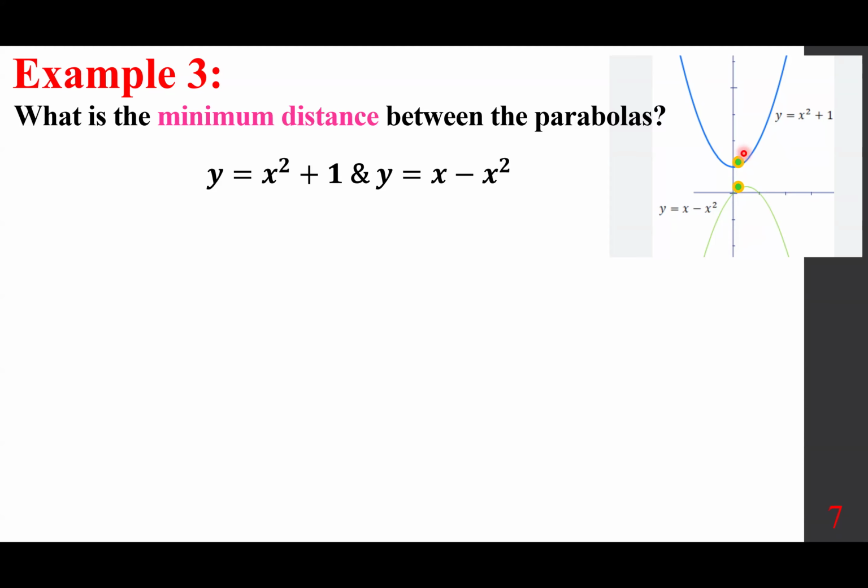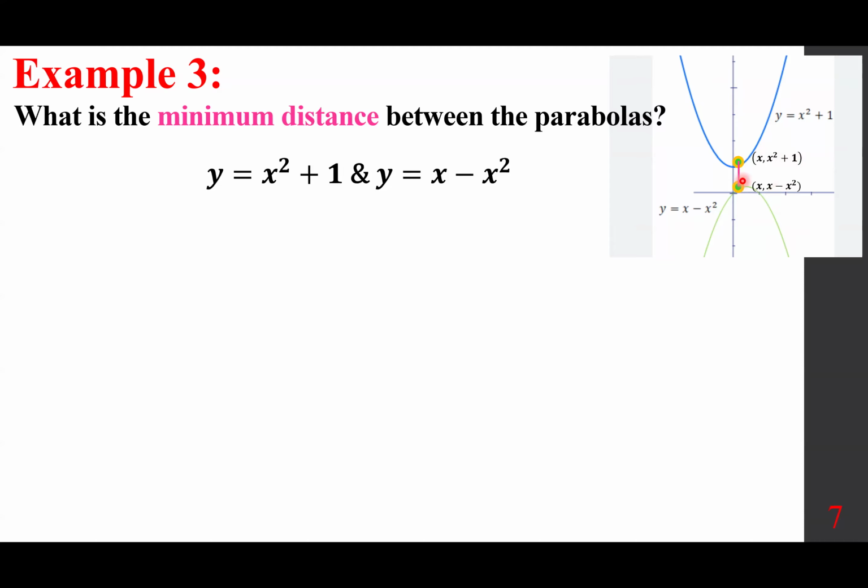What are the coordinates? If the x coordinate is x, of course they both have the same x coordinate because it's vertical. Then this one has y equals x squared plus 1, and this one has y equals x minus x squared. So the vertical distance is just the distance between the y coordinates: the top y, which is x squared plus 1, minus the bottom y, which is x minus x squared.